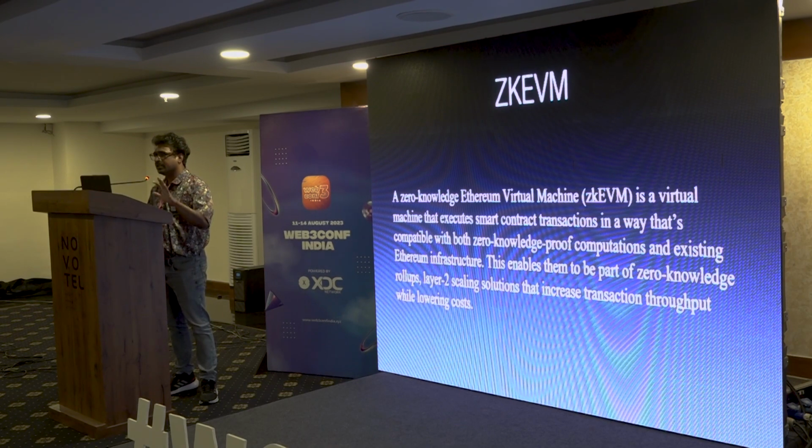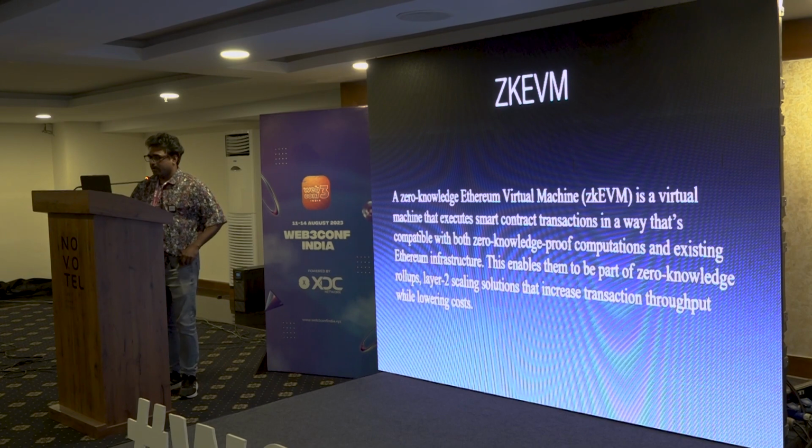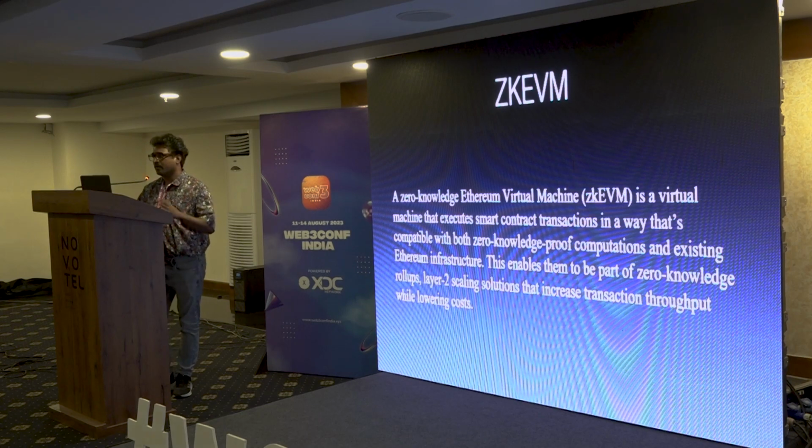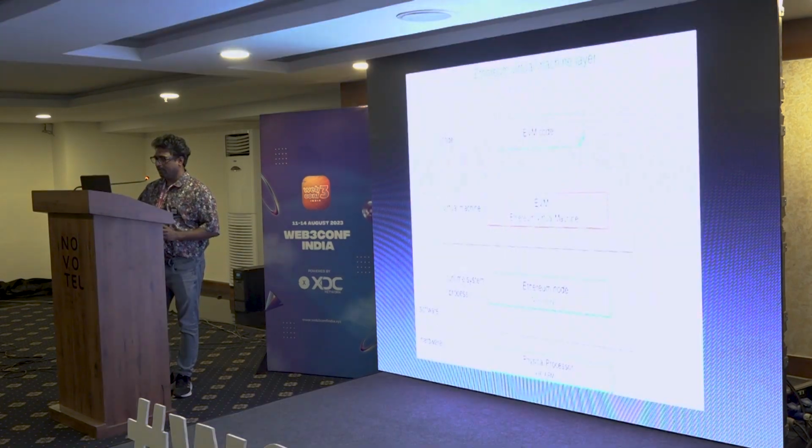The origin of the zkEVM comes from the blockchain trilemma, wherein we can achieve only two things and need to sacrifice the third. So, in order to provide scalability to Ethereum, we came up with the zkEVM.